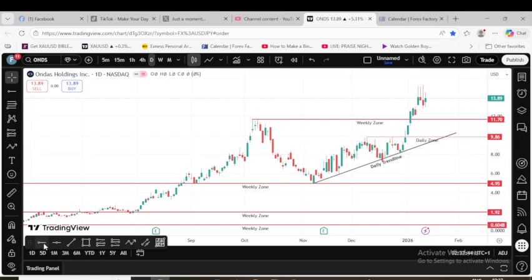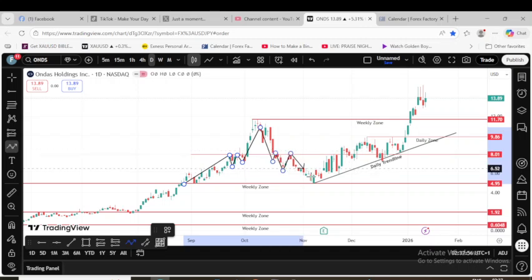We also have another daily zone here. You can see price bounced above this level twice, showed this level some respect, bounced above it a second time, passed through it and showed it respect, bounced above it again, and came close to it here.